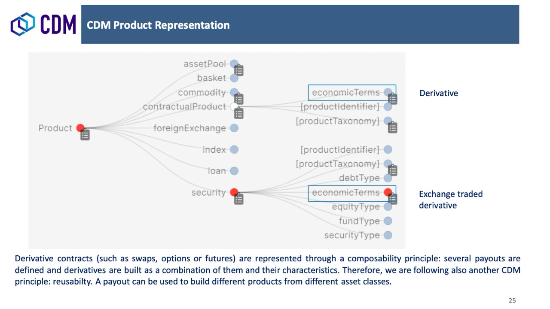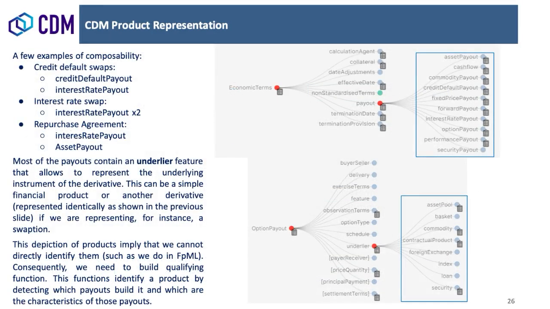This is kind of weird inside securities, but the reason is that the security model is also used to represent ETDs, exchange traded derivatives, where in some cases for reporting you need the full economics of the product. And economic terms have that. So within the CDM, economic terms have all the full details of the payout structure of the product to fully represent OTC, or also exchange traded derivatives. Right? Moving on to the next one.